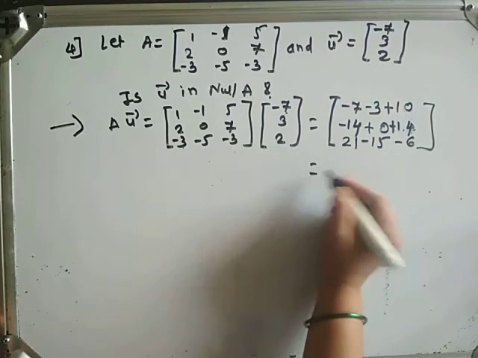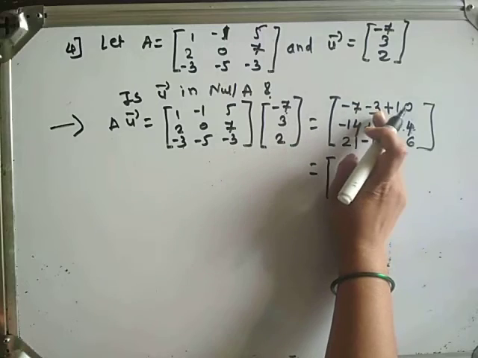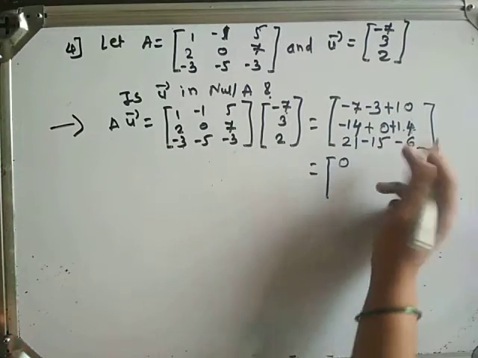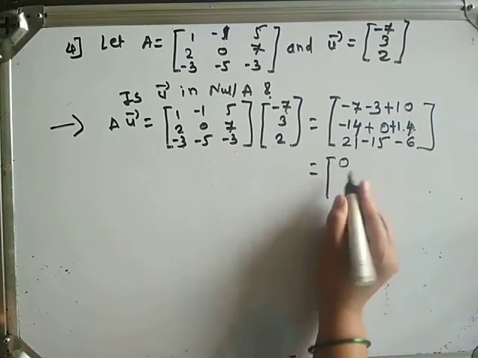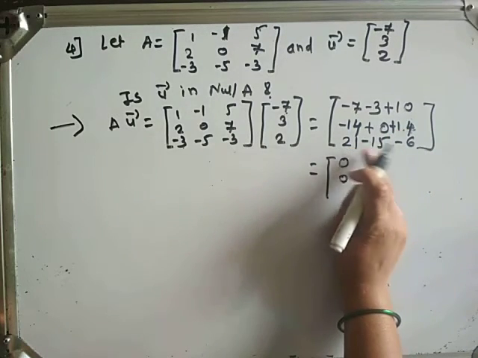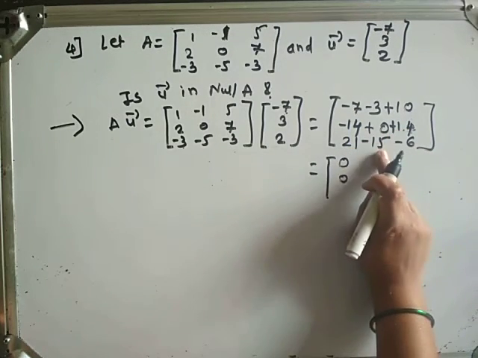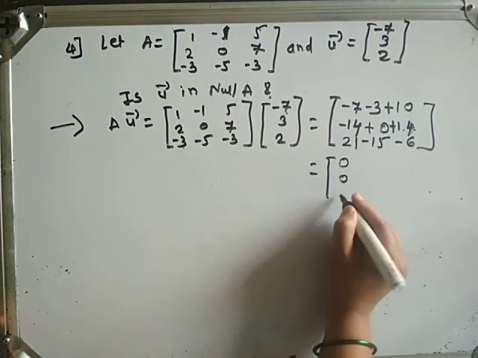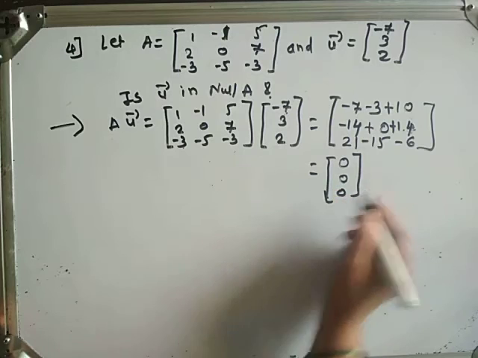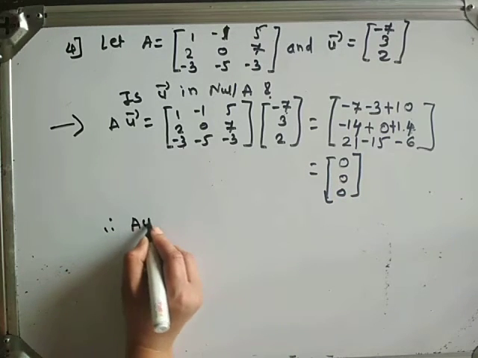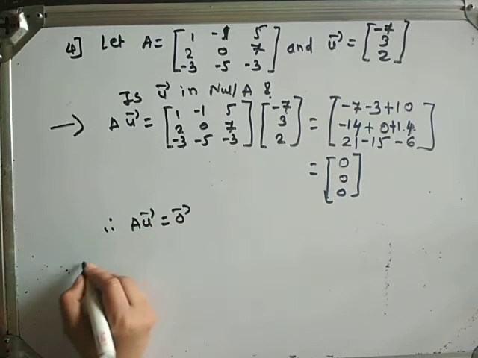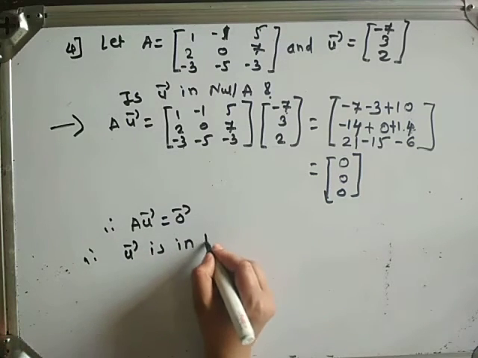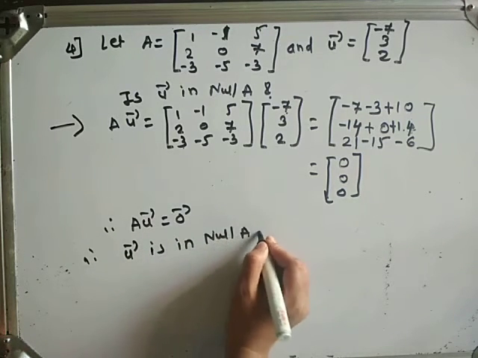Which is equal to minus 7 minus 3 plus 10; minus 10 plus 10 is 0. Minus 14 plus 14 is 0. 21 minus 15 minus 6 is 0. Therefore, A into u bar is equal to 0 bar. Therefore, u bar is in null space of A.